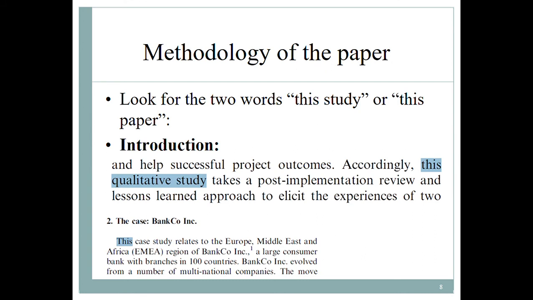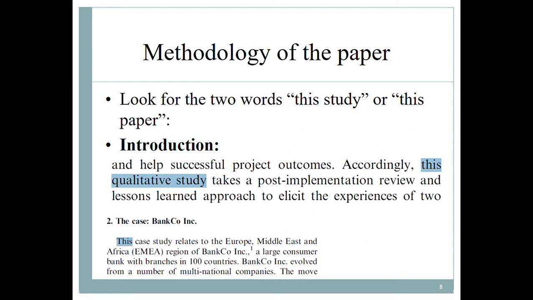For example, if you look at the words "this study" or "this paper", here in the introduction, for example, you will see some information about the methodology. And of course, in section number 2, also the same thing, you will find more information about the methodology. Sometimes the methodology is a section inside the paper, sometimes it is not.